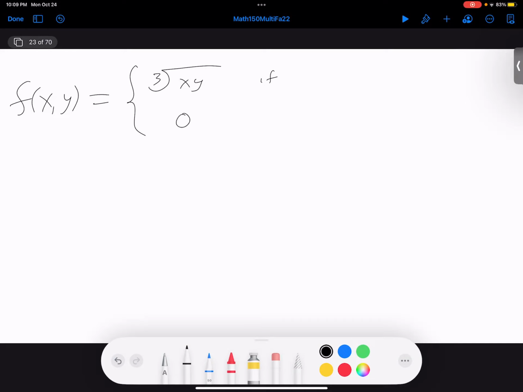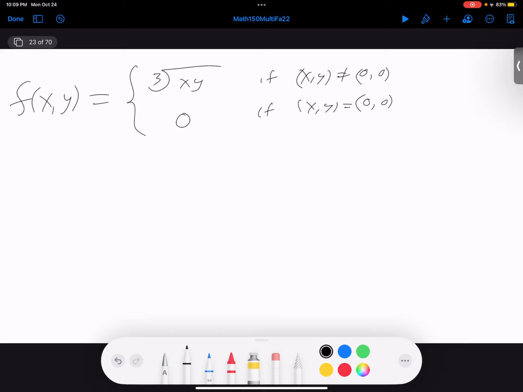I'm trying to think if I want the cube root or the -1/3 root. Let's try this. So this is if (x, y) is not (0, 0). I'm a little worried that this might not be good because actually I can use the cube root for all values.